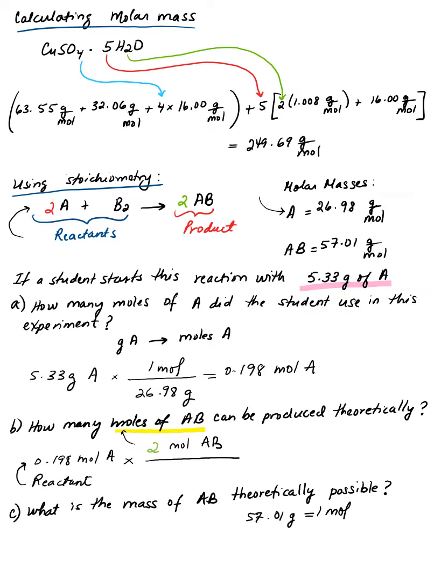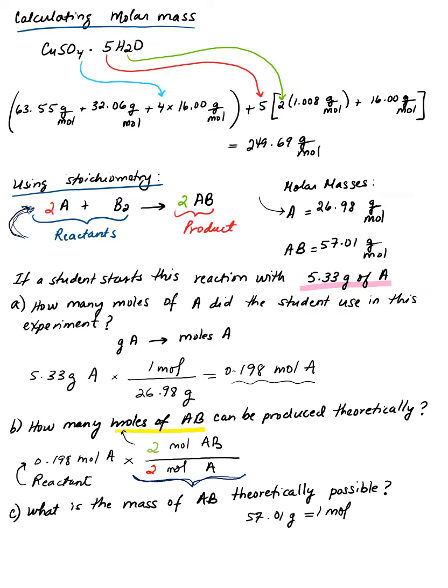Now, the given amount or the initial amount that you have is your moles of A. So 2 moles of AB goes over 2 moles of your reactant A. My numbers here are numbers that I'm taking from the balanced chemical equation up here.